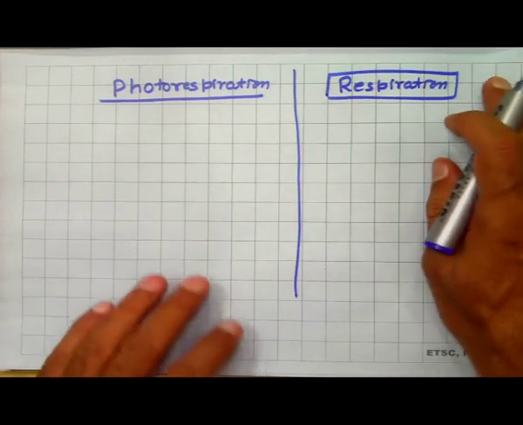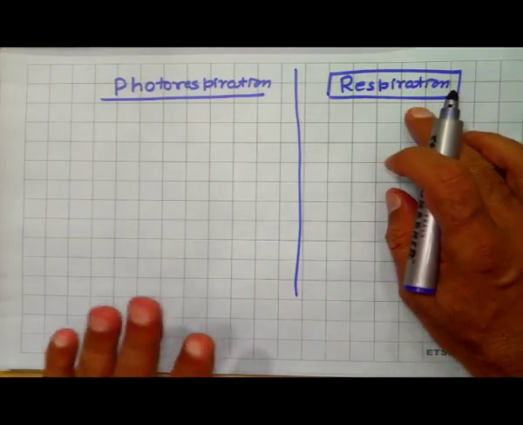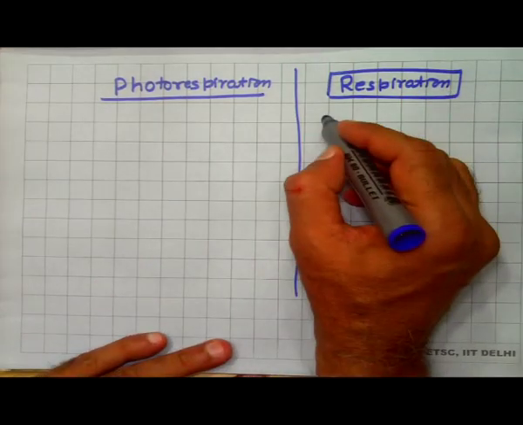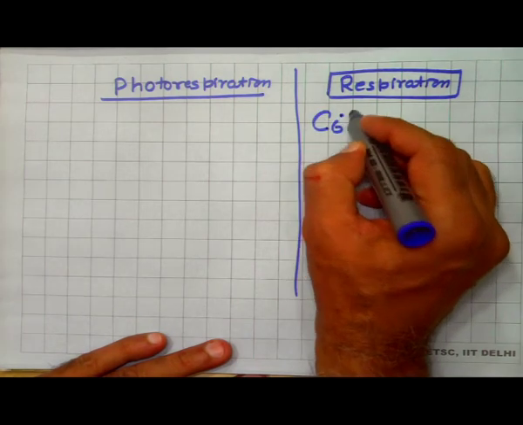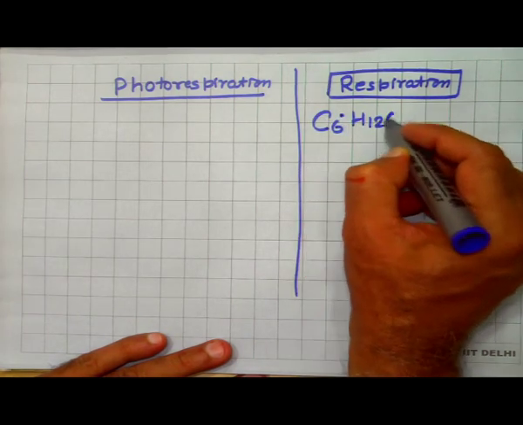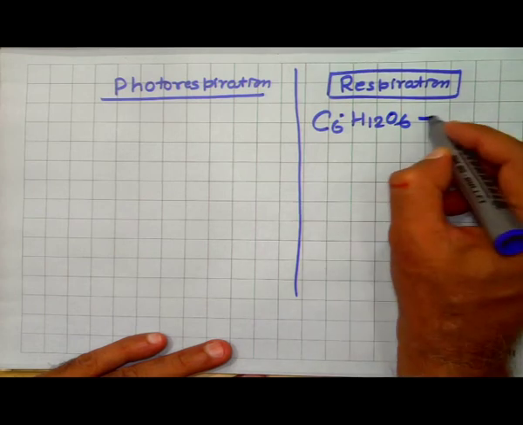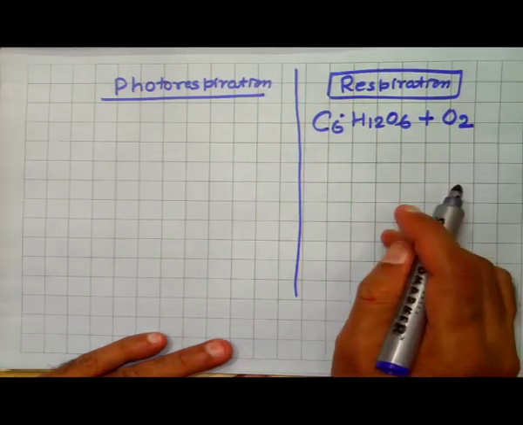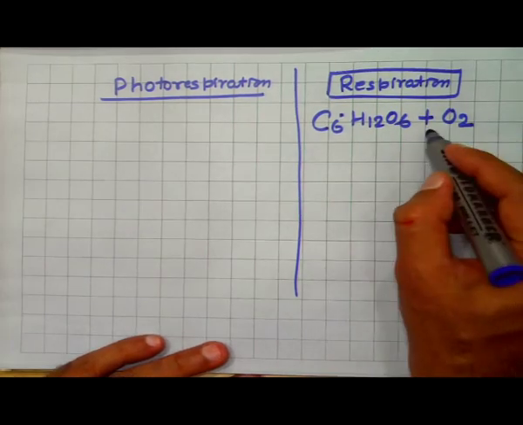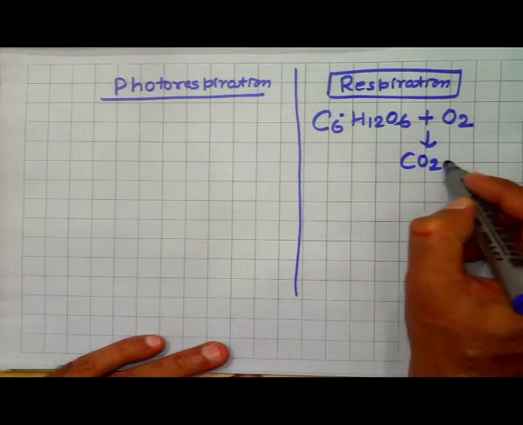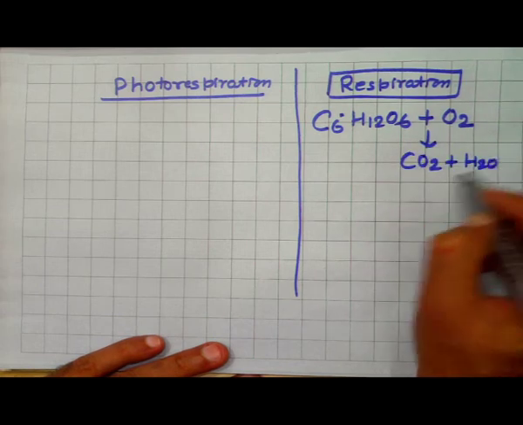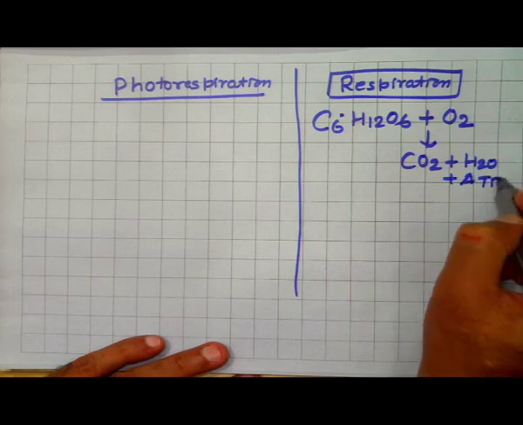As we know, respiration is a physiological process in which breakdown of carbohydrate in presence or absence of enzyme gives carbon dioxide, water and ATP.